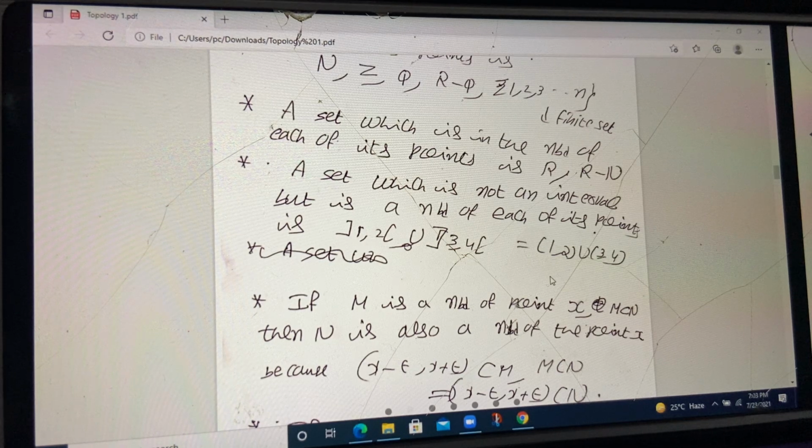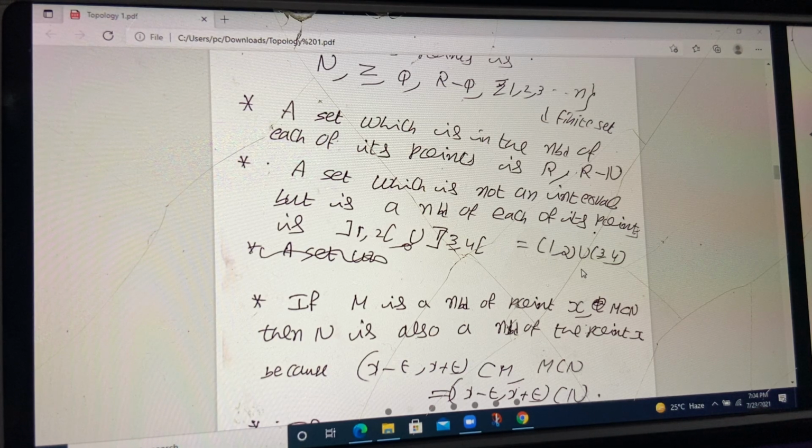Therefore, every point overall is an interior point. But this is not an interval, yet it has every point as interior. Is it clear for all of you? What is S interior for this?